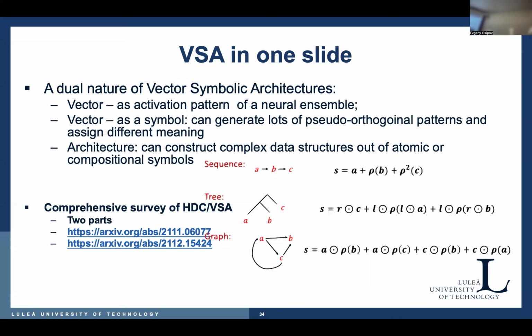And edges go to the left, to the right. So again, one of the ways, a naive way, of encoding this structure into a single vector is to say, okay, I start with the root node.